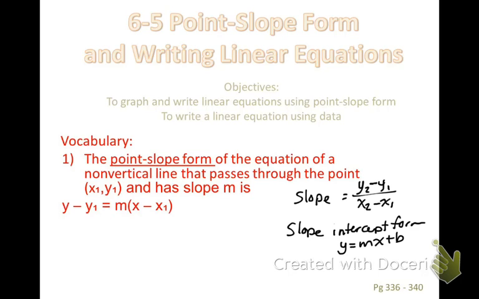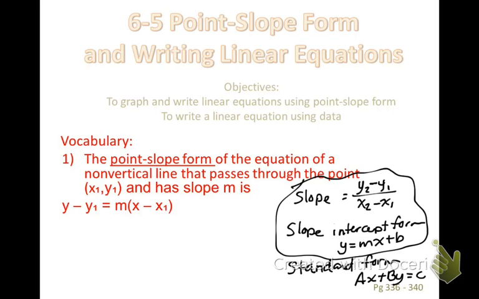And you also have the standard form, which was the last lesson, and that was ax plus by equals c. So all these formulas, but these two formulas will go great with today's lesson because I bet you're going to have to use them.